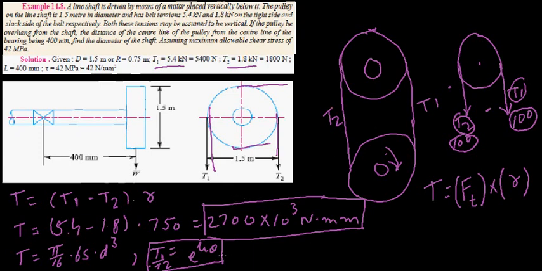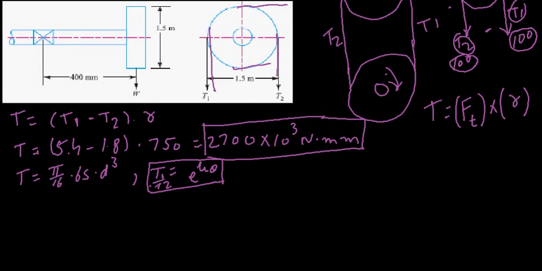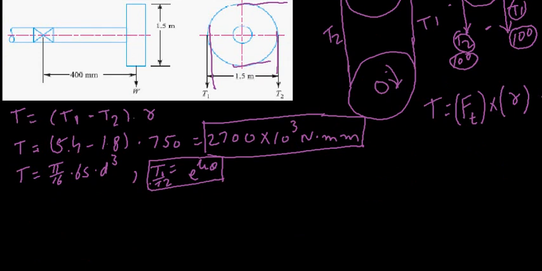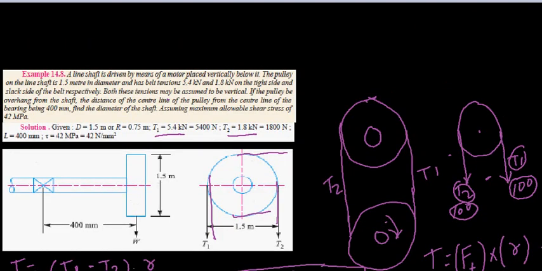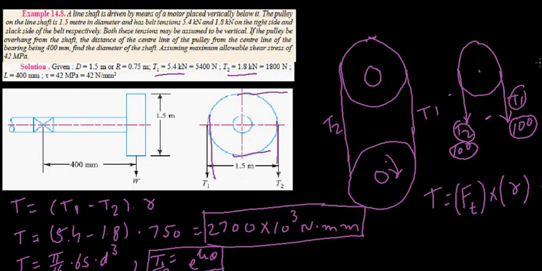Once you get the torque, I'm also interested in what my bending moment will be. So in this case it's pretty simple. You have this weight. I want you to feel that we have a pulley, and there is tension on it.